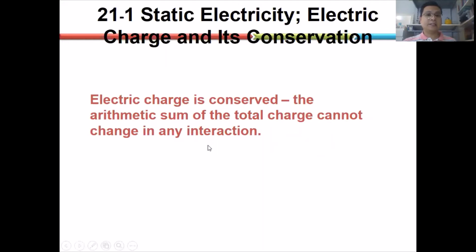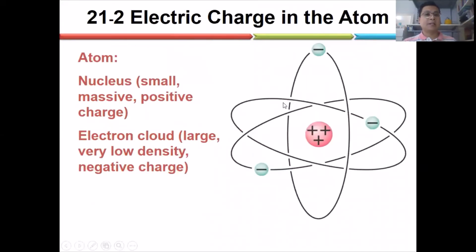So electric charge is conserved. The arithmetic sum of the total charge cannot change in any interaction. Correct? Okay, electric charge in the atom: we have the positive charge inside, surrounded by negative charge.